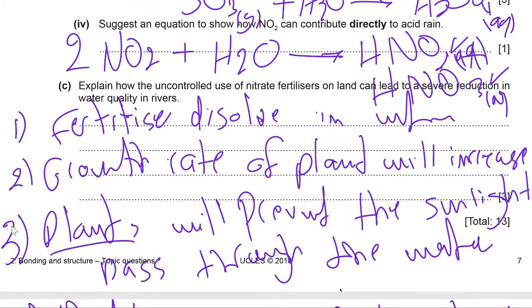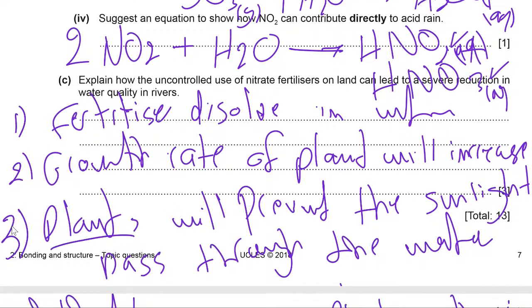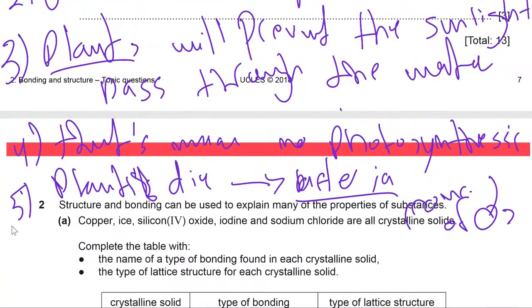So here, look at the effect of fertilizers on the reduction of water quality in the rivers. Water quality means the amount of oxygen which is dissolved in the water. If there is water without a good enough concentration of oxygen, the quality will be very bad, and it's not suitable for marine life and also plants.